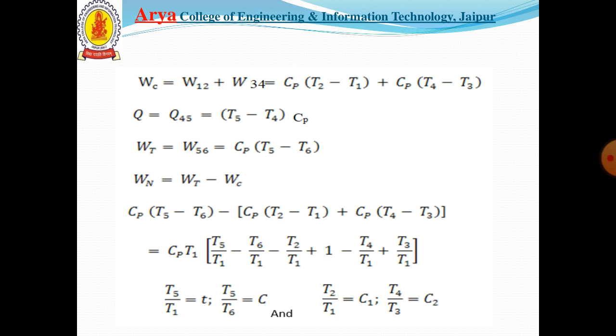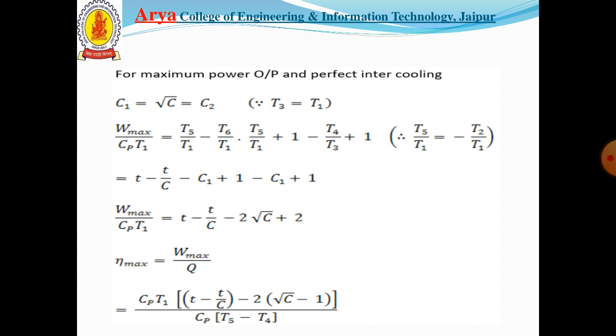As we know, T5 upon T1 equals the temperature constant, as we have taken in the previous cycles. T3 upon T6 is the constant C, T2 upon T1 is the constant C1, and T4 upon T3 equals the constant C2. For the maximum power output and perfect intercooling, C1 equals the root of C equals C2, because T3 equals T1.